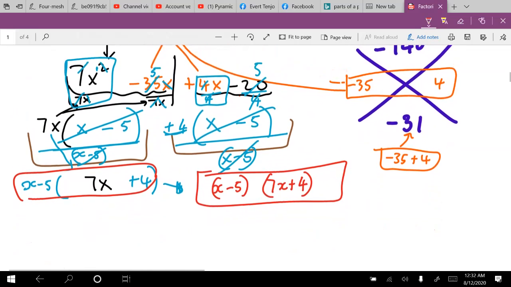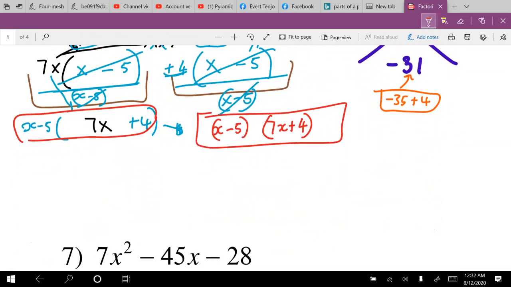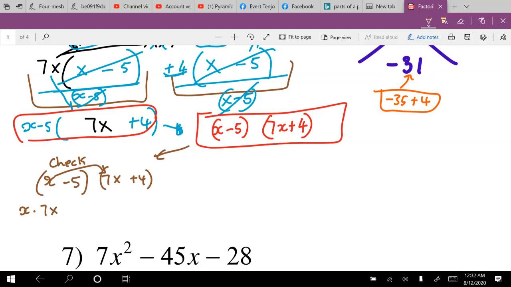If we want to check if we're right, we can go ahead and check. Let's check our answer. So x times 7x, plus x times 4, plus -5 times 7x, plus -5 times 4.